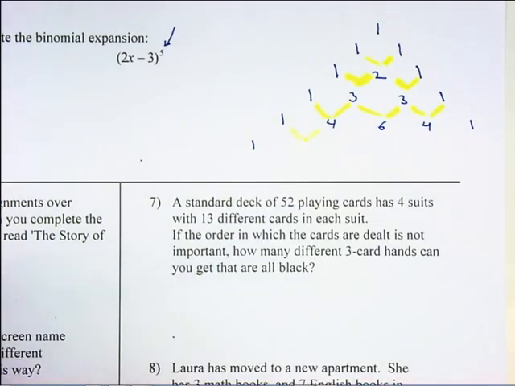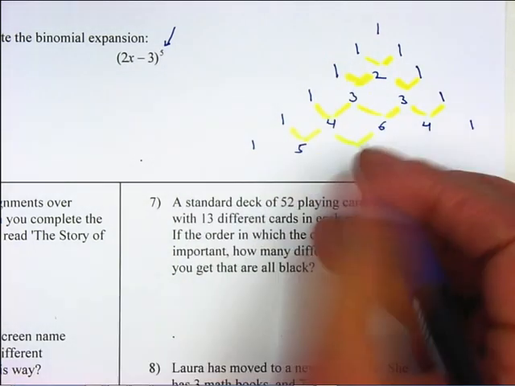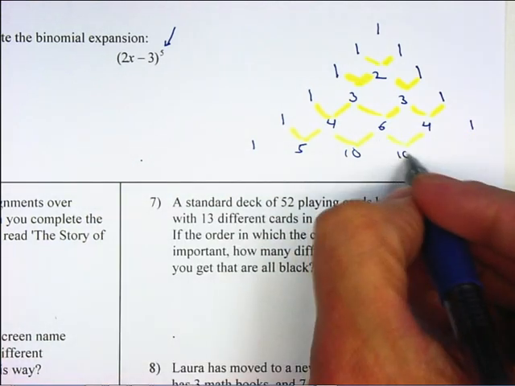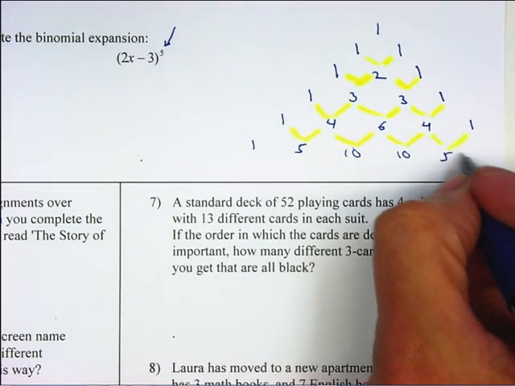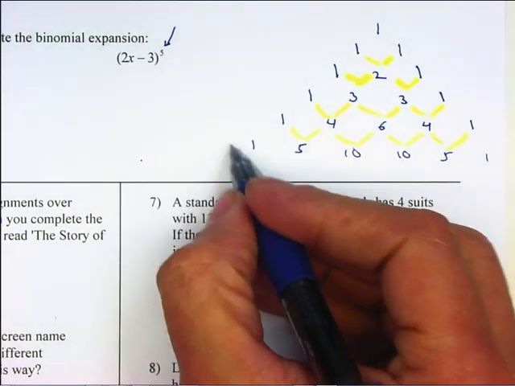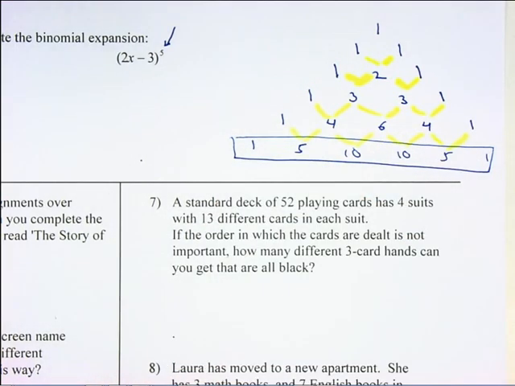Start with a 1. Those two numbers will give me a 5. Those two numbers will give me a 10. Those two numbers will give me a 10. And last will give me a 5. And let's not forget about the 1. This to the 5th power, so we're going to be using this row: 1, 5, 10, 10, 5, 1.